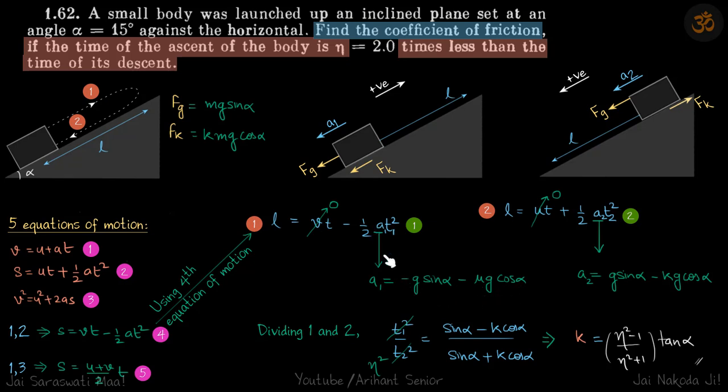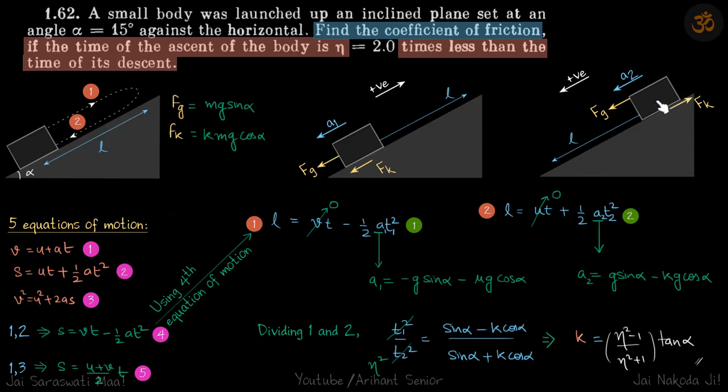If you put that here, minus and minus become plus, and it will be simply L is equal to half T1 square into (g sin alpha plus mu g cos alpha). I'm not writing that separately; you can just imagine how it will look.